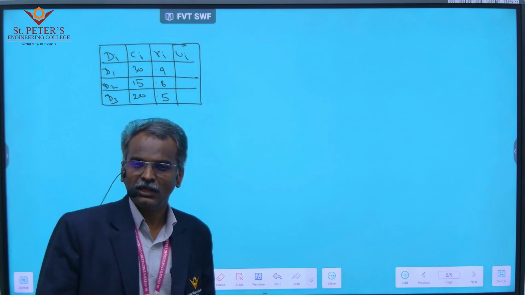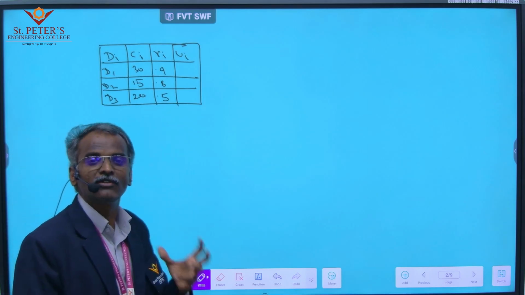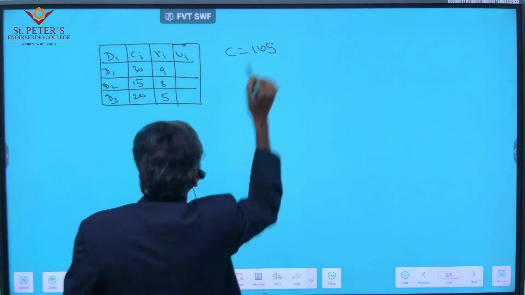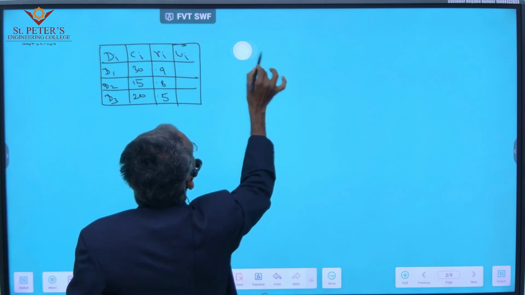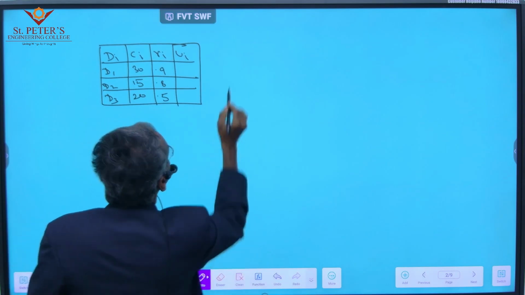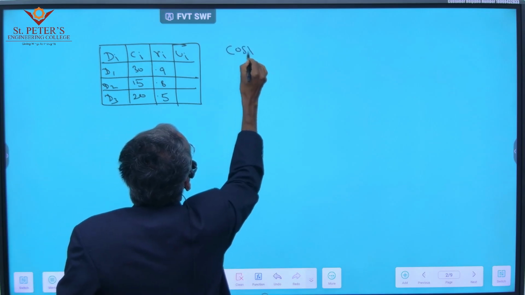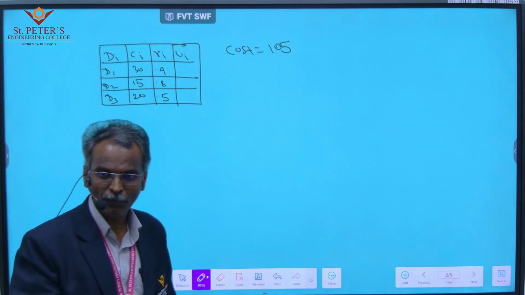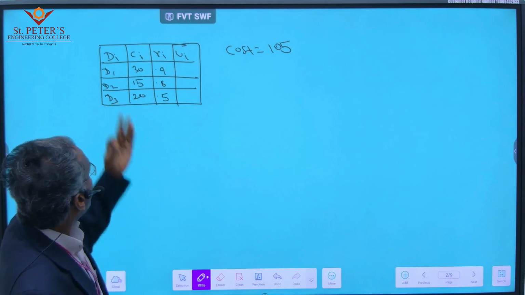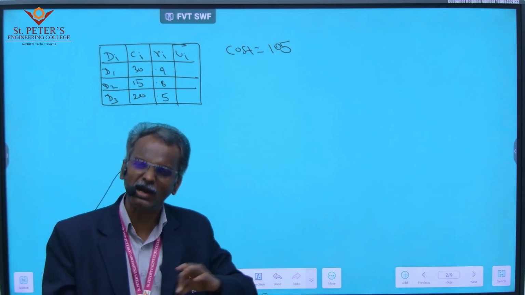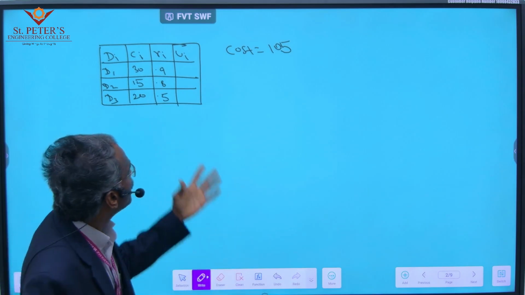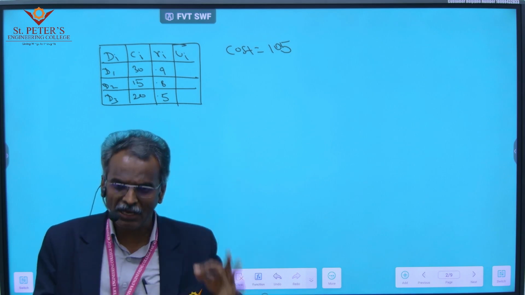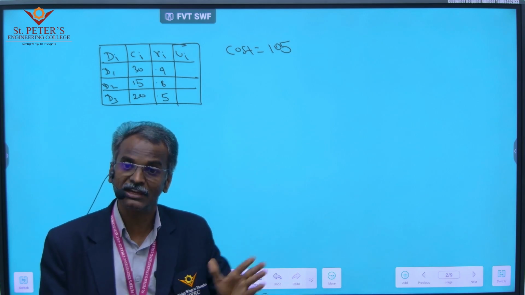And we have been given a certain amount of cost. For example, cost is equal to $105. So you have been given $105. With that $105, how can you run the overall system without any break? To run the system, first we need to buy at least one copy of each device, so that we can start the system.